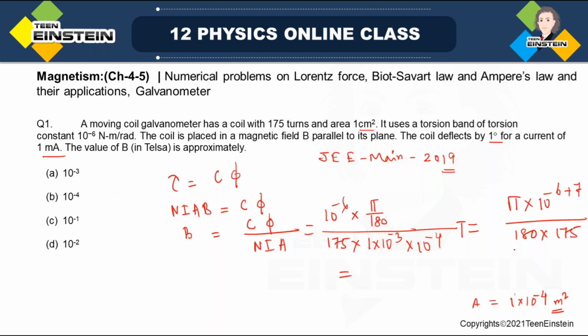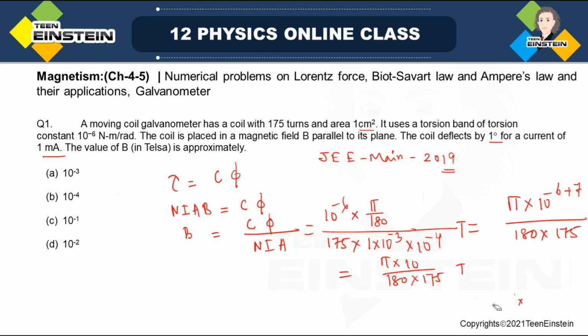So if we solve it, it will be pi into 10 into 180 into 175. This is going to be Tesla.